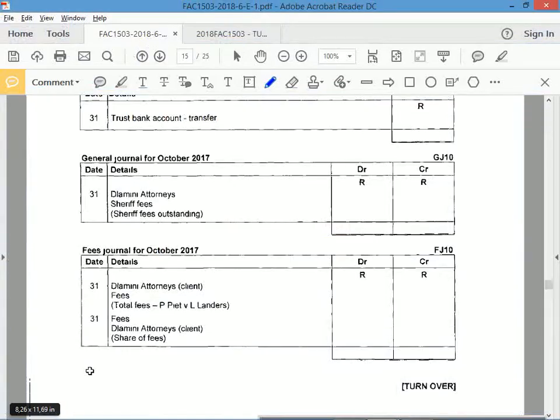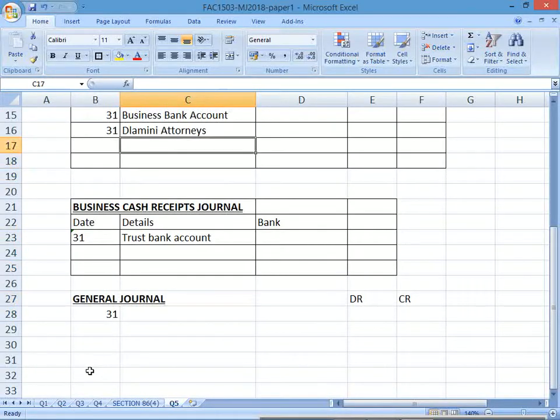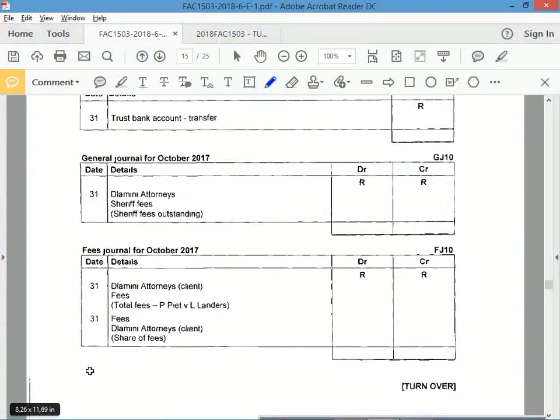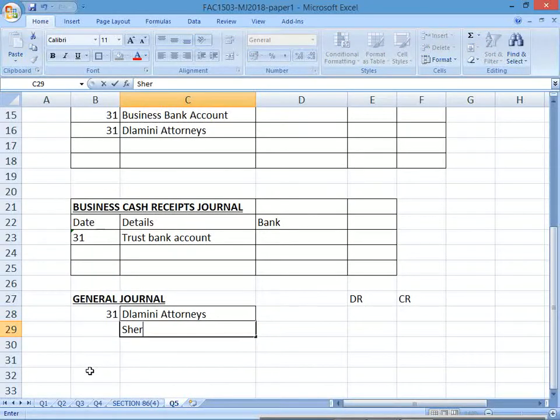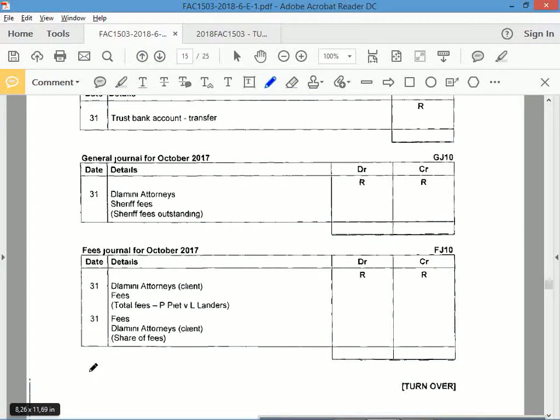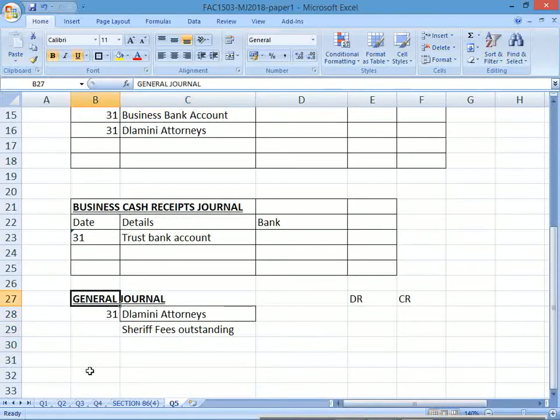I'm writing it in anyway. Glamini. Copy this. And sheriff fees, sheriff fees outstanding. Fees journal. How many columns there? Two, debit and credit. That's the same as this one.